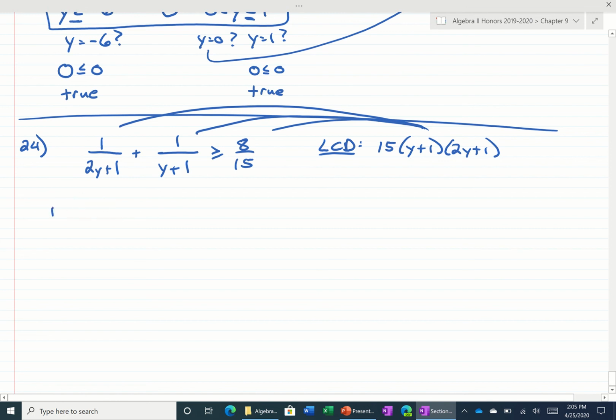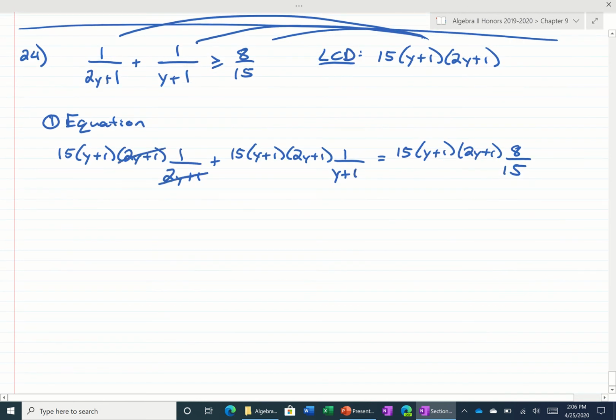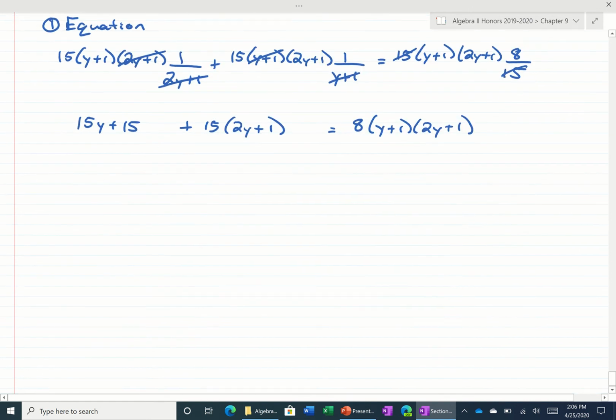And this is going to be our first step, which is we solve it like an equation. Alright, so I have a little bit of work to do here.